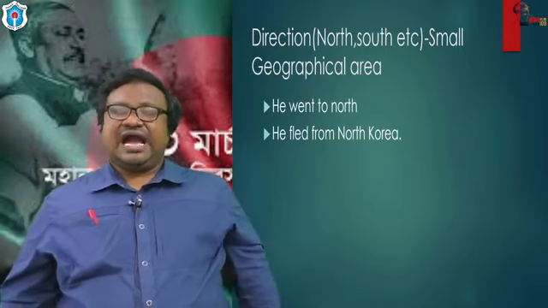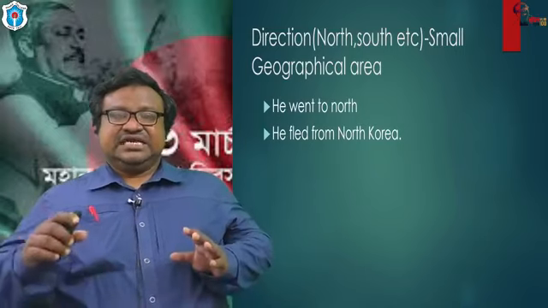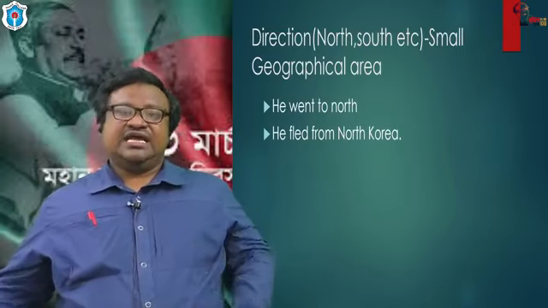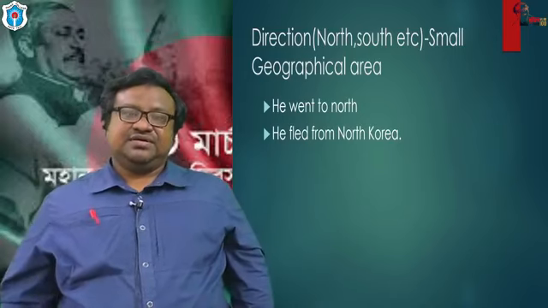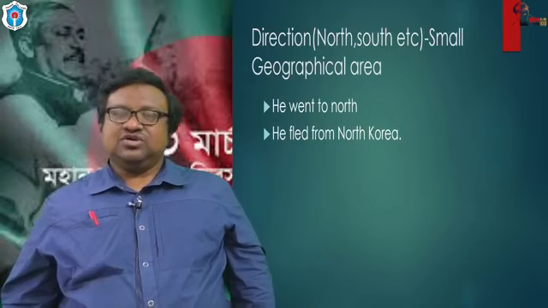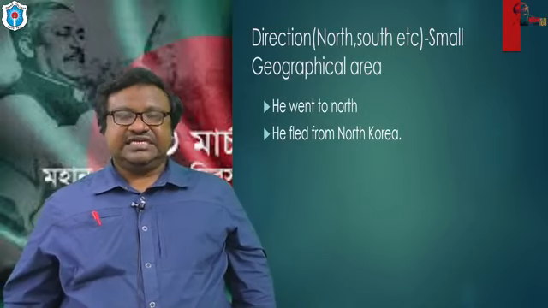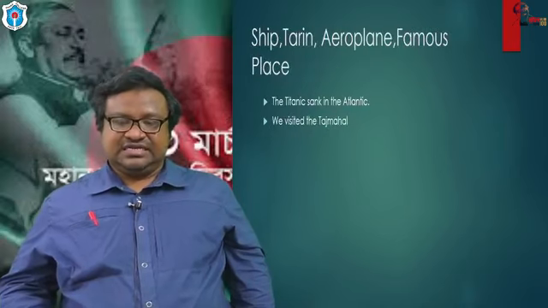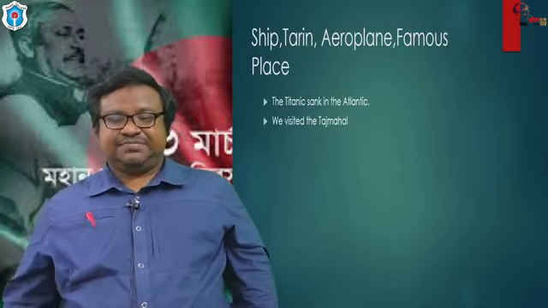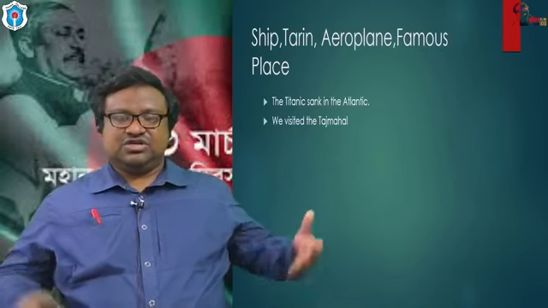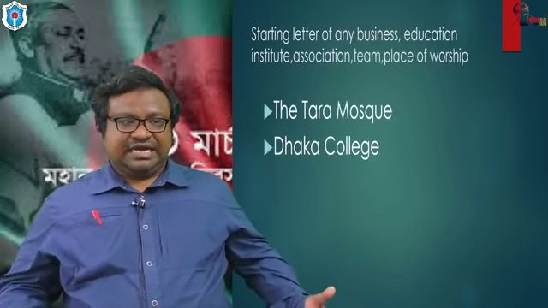But when I say I am going to North Korea, or he fled from North Korea, north is part of the name of a country, which is a proper noun, so we capitalize it. In every case, a proper noun is capitalized. For example, the names of ships, trains, famous places, etc. are proper nouns, so these will be capitalized.